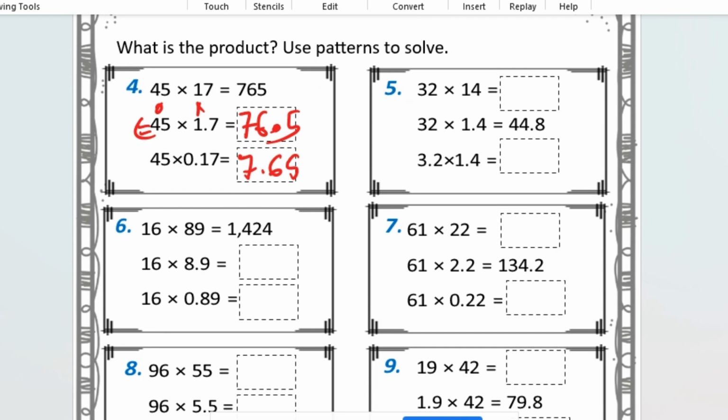So 32 times 14 is 448. 32 times 1.4, we just move the decimal point 1 unit to the left, it will be 44.8. Then 3.2 times 1.4, you move it another unit to the left, so it will be 4.48.